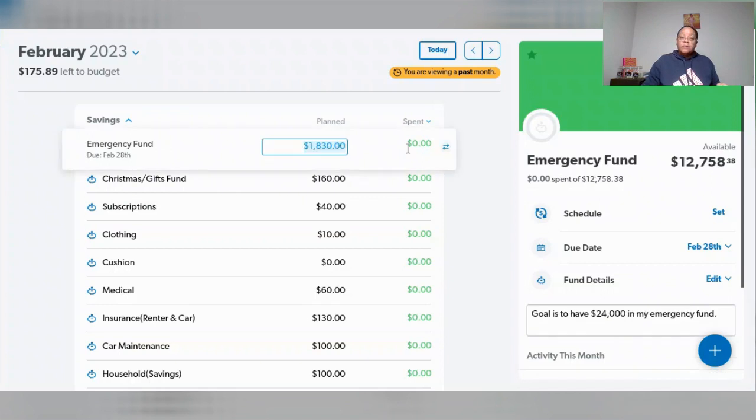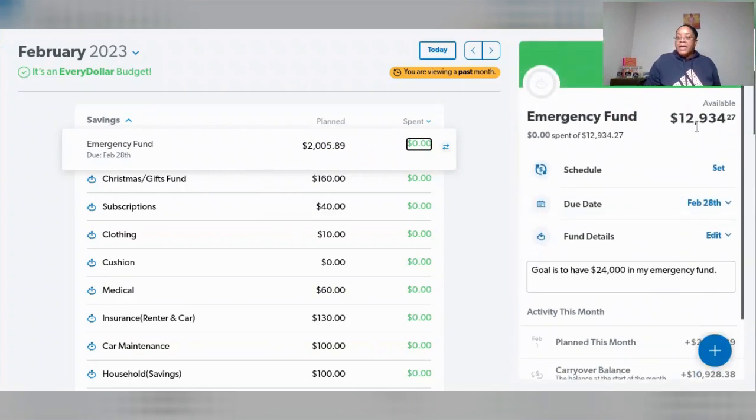So that was $2,005.89. I swear, I'm wearing glasses. This is why I need to go to the eye doctor, because I'm like, what the heck? I work real hard not to curse right then. But there we go. And so, yay, I'm to 2,000. And that was the savings goal for the month of February, to try to get to 2,000.